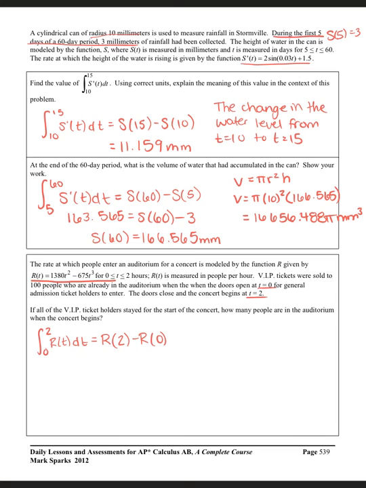Whenever the doors open at t equals 0, there's already 100 people in there. We want to know how many people are in the auditorium when the doors close. So r of 2 is what we're looking for. So if you do some math on your calculator, use this integral, use the equation, you should get 980 is equal to r of 2 minus 100. If you solve for r of 2, you should get 1,080 people.